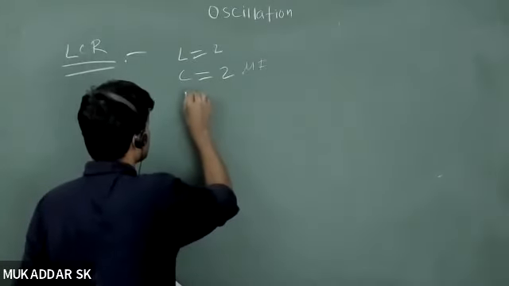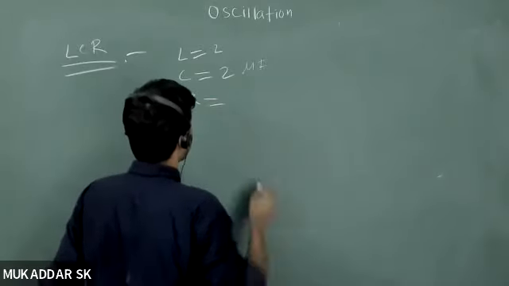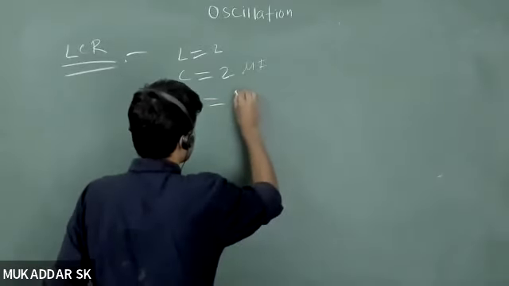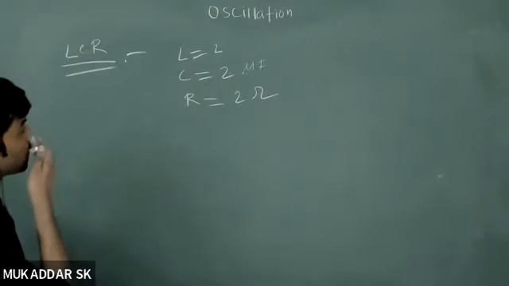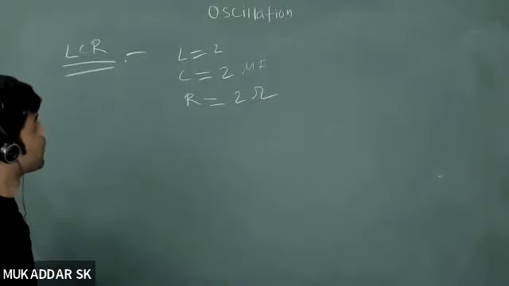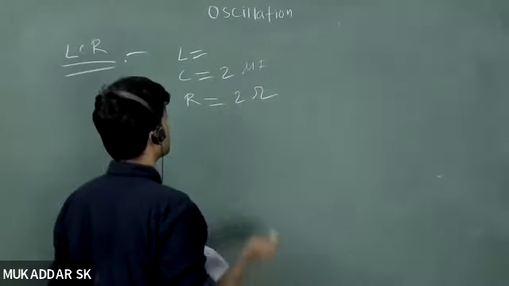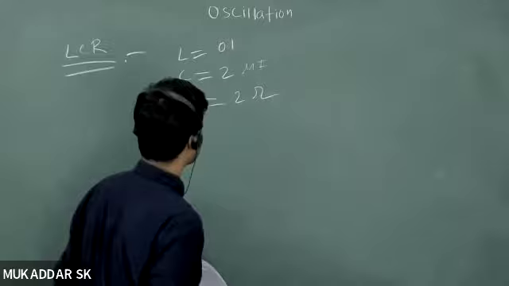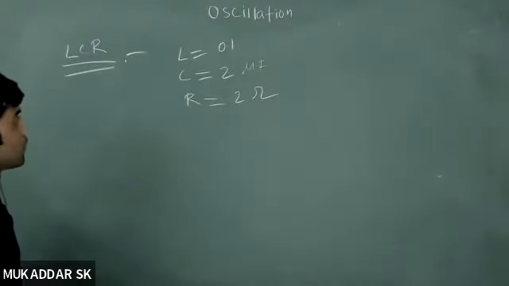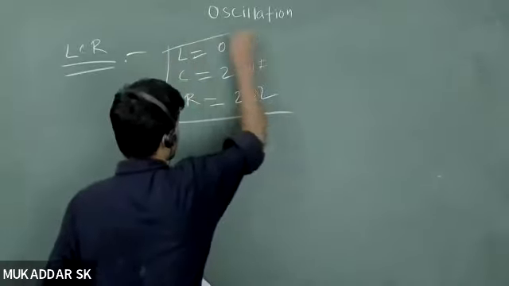The resistance they have provided you is 2 ohm. This will be your 0.1 Henry, okay. So these parameters they have provided you, okay.